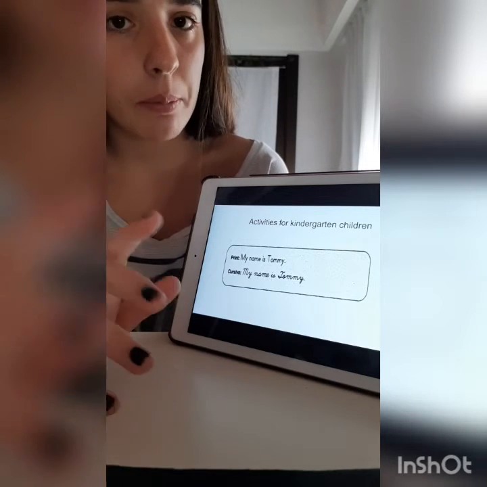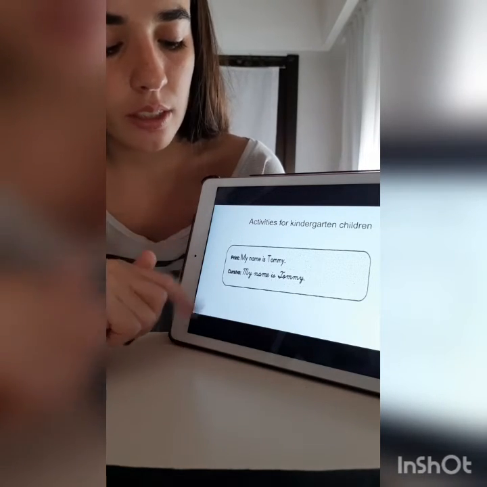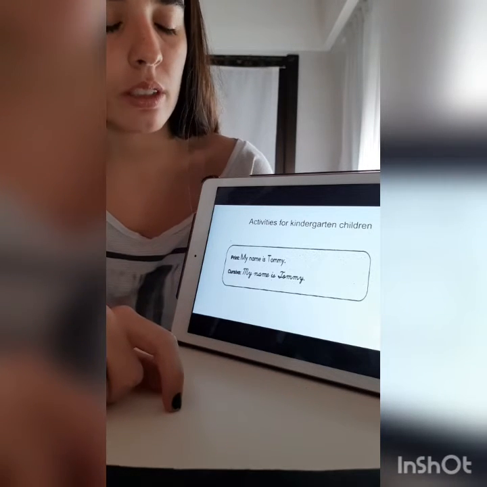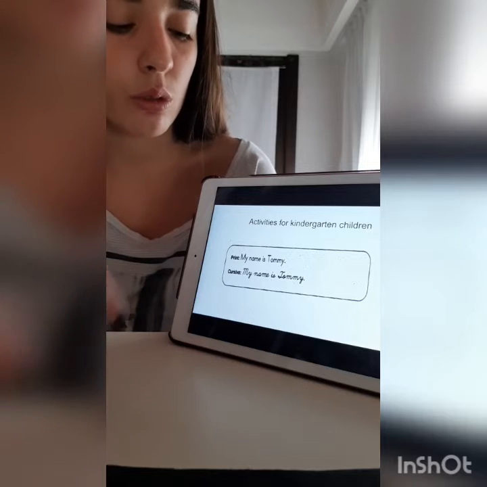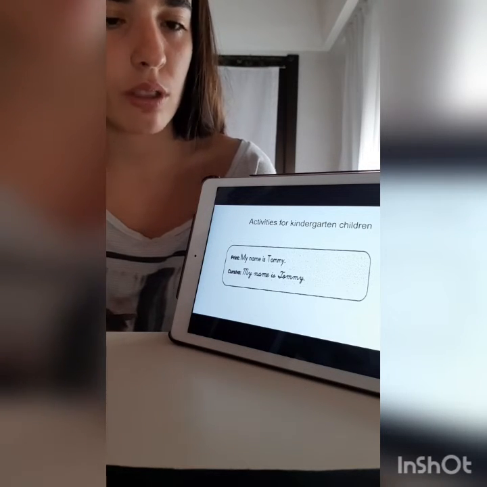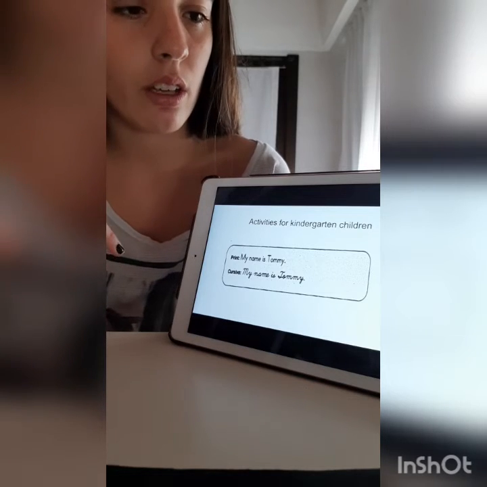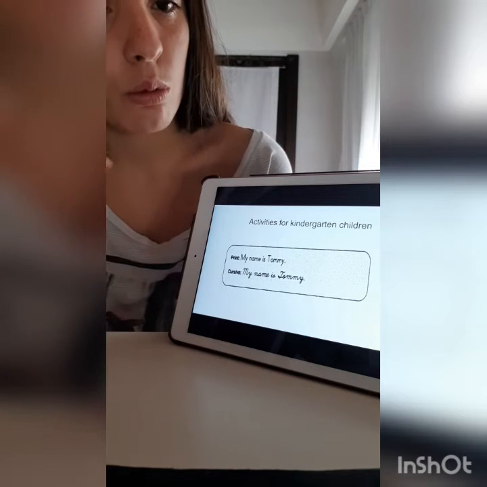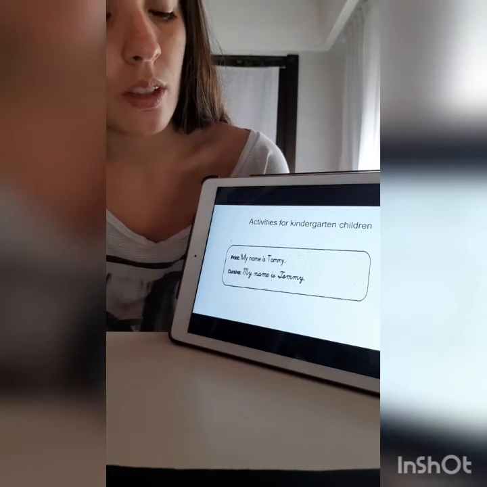Always, I think, in capital letters. The book gives this activity, but I think you can do it in kindergarten. It's best to do it with capital letters because it's easy. Cursive, I think, is more for primary school.